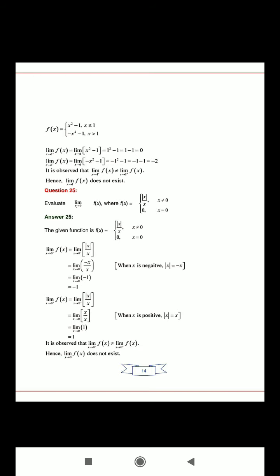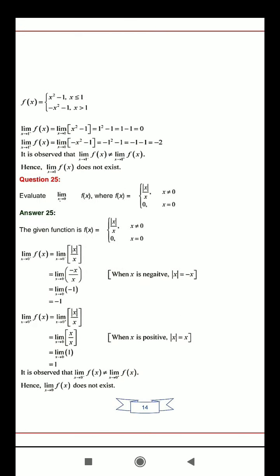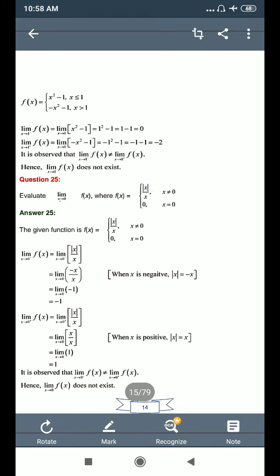Question number 25. It is at x not equal to 0. In this case, for both left hand limit and right hand limit, we'll use the same function, limit of modulus x divided by x. So I am calculating the left hand limit, limit x tends to 0 minus f(x). 0 minus means x is less than 0.